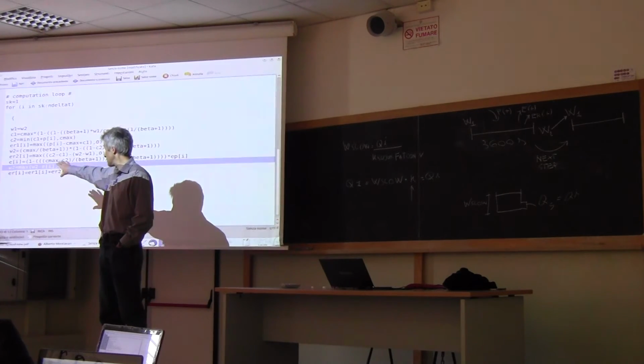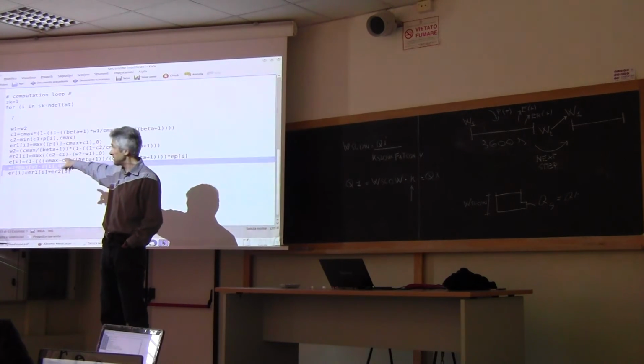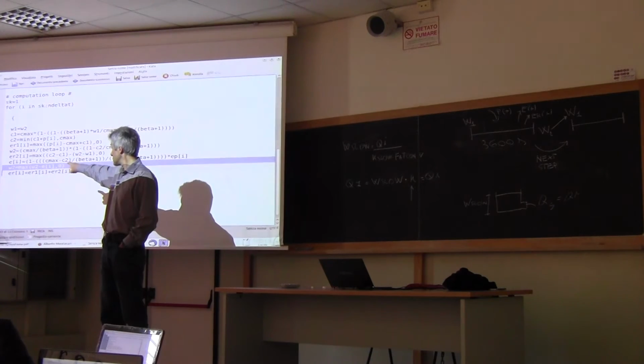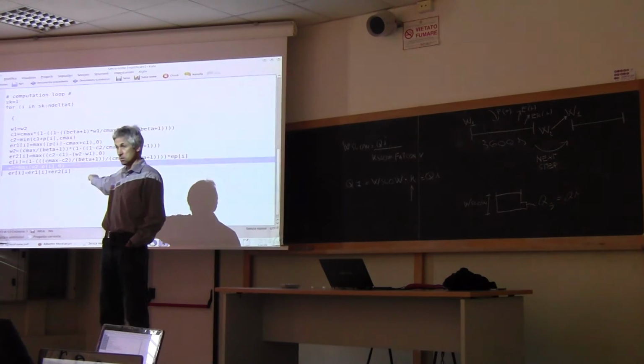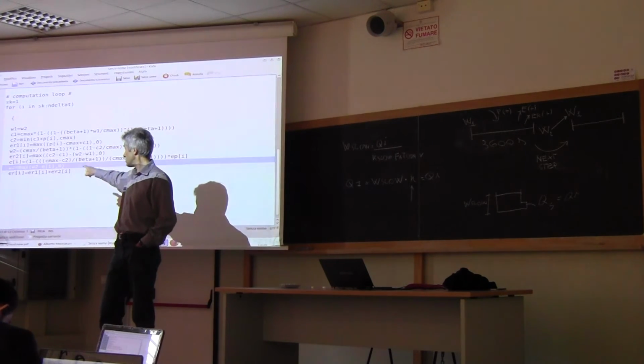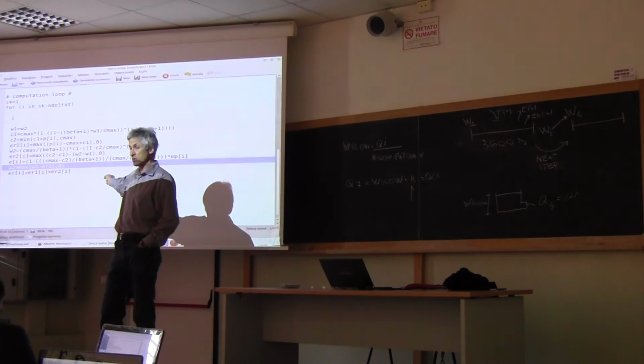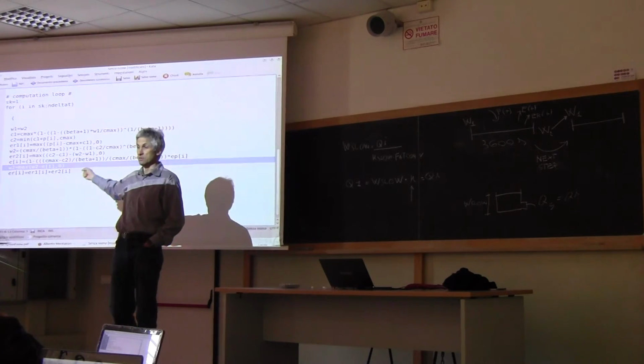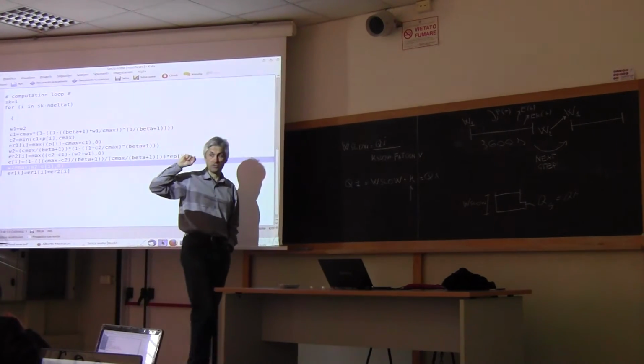You see that, forget about the math for a moment, W2 is equal to W2 minus E. And then there is the max function, which is a check to make sure that the result is non-negative.